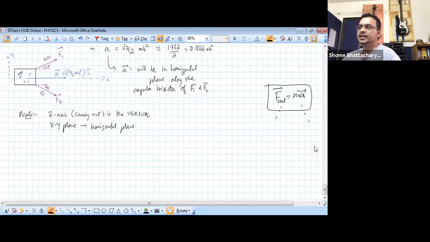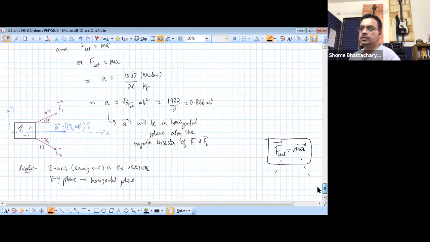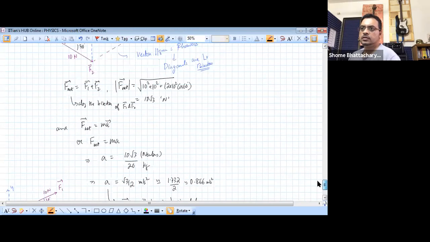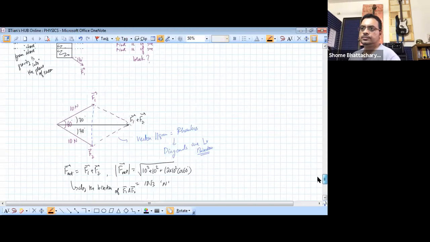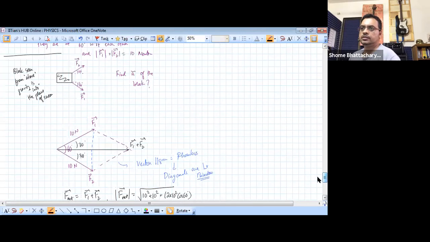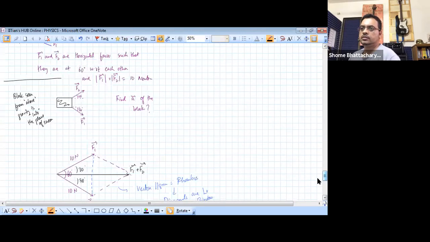In terms of mathematics, what am I trying to solve in the chapter? It is as simple as this. Nothing else to do. We have to always solve this equation where left hand side is the vector sum of all the forces and right hand side is nothing but mass into acceleration. So we are solving this equation.